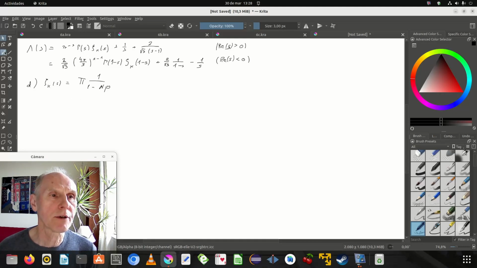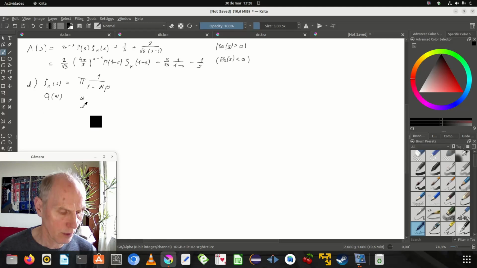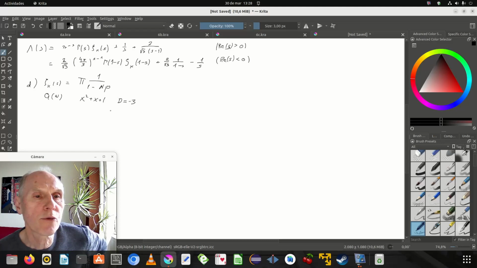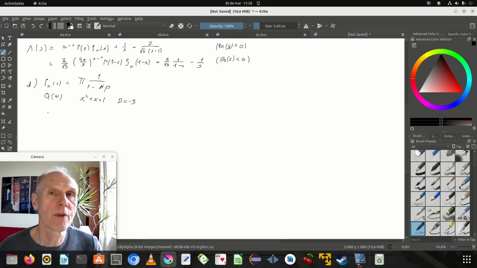And therefore we must find out how the primes factor in Q extended with the root of the polynomial x squared plus x plus 1. The discriminant is minus 3. So minus 3 will ramify.